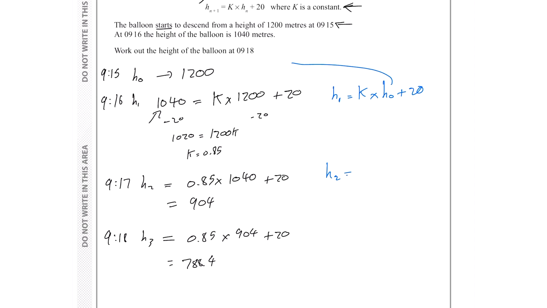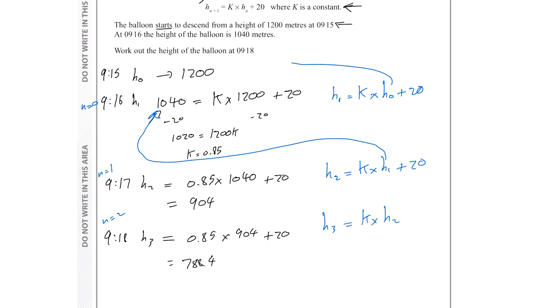You can see that n is 0, n is now 1, and n is now 2. When n is 1, we have k times h1 plus 20, and the h1 comes from there. And then here we have h3 is equal to k times h2 plus 20, and the h2 is that value there.